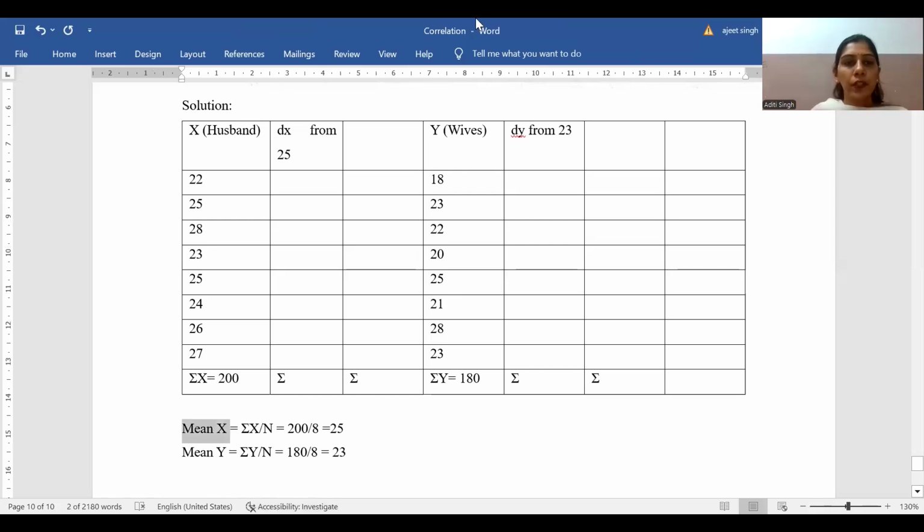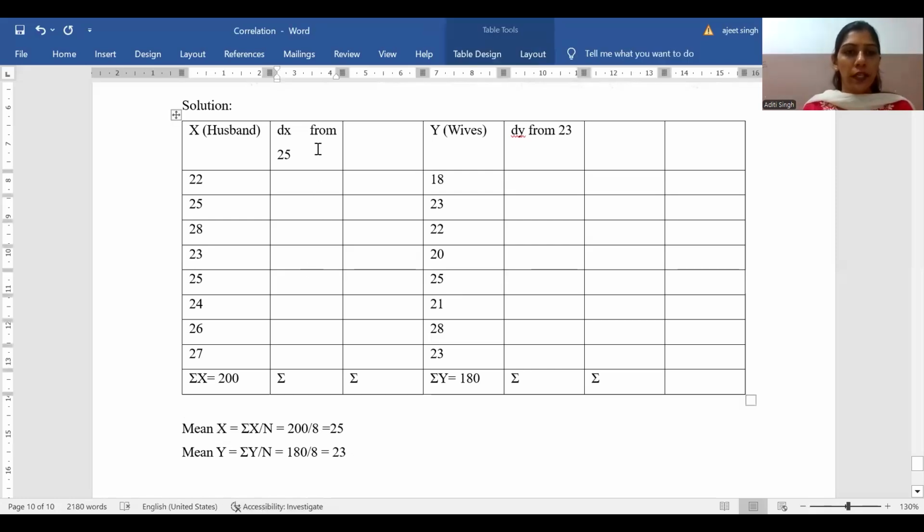So let's calculate this. 22 minus 25 is minus 3. 25 minus 25 is 0. 28 minus 25 is 3. 23 minus 25 is minus 2. Again 0, then minus 1, 1 and 2. So this is the value of dx. Let's do the sum of dx, as we have to put this value in the formula. So the sum of dx is 0.